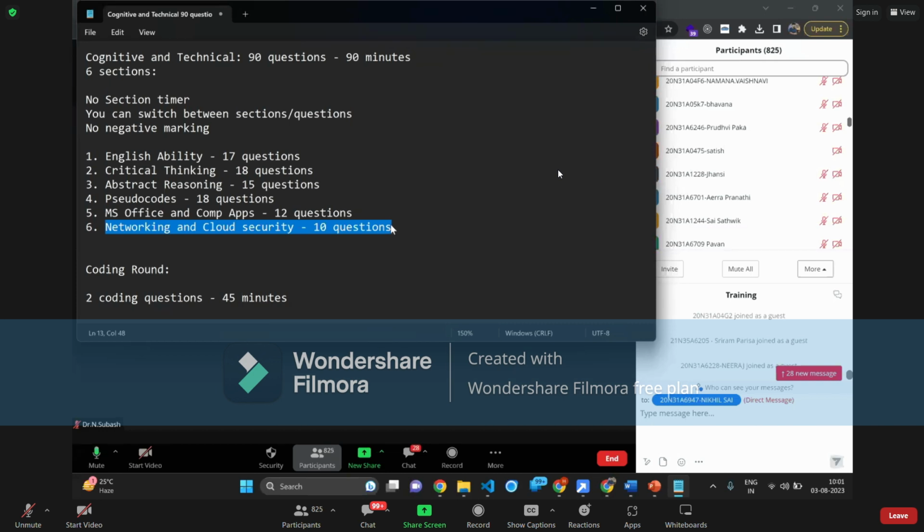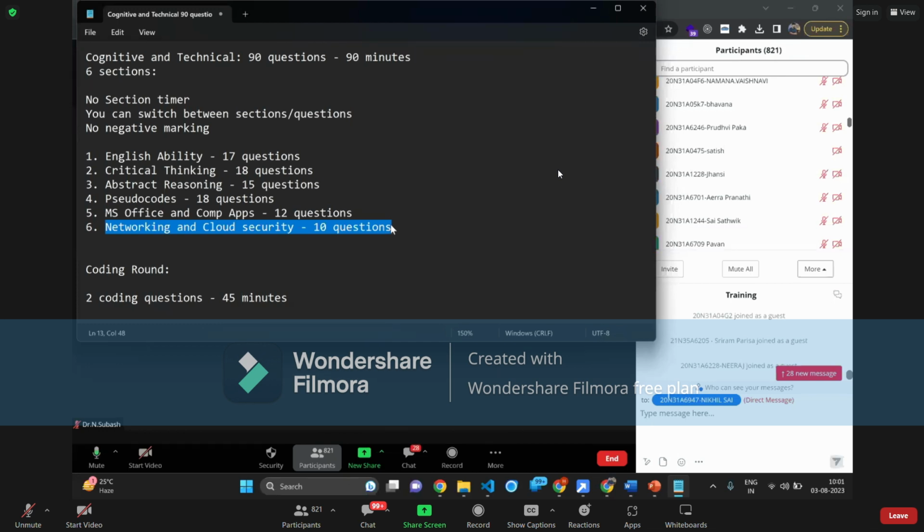Also, what I feel is, networking and cloud security is not a deductive section, as in pseudocodes that you need to solve. When you're trying to deduce an answer for a particular pseudocode, there is a chance of making a small mistake, maybe missing an iteration or adding an extra iteration, because of which the answer might go wrong.